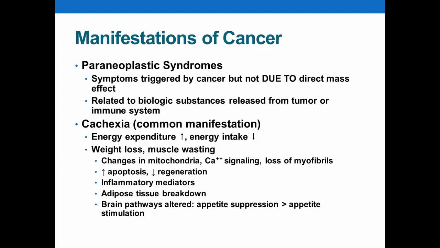At the same time, adipose tissue is being broken down. What's also very interesting is our brain pathways are also altered in cachexia. And in those brain pathways, appetite suppression is greater than appetite stimulation. So patients with cancer tend to lose their appetite simply because of these altered brain pathways in the way we respond to appetite.